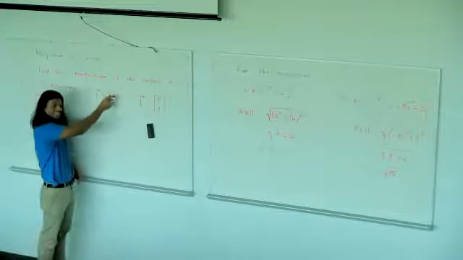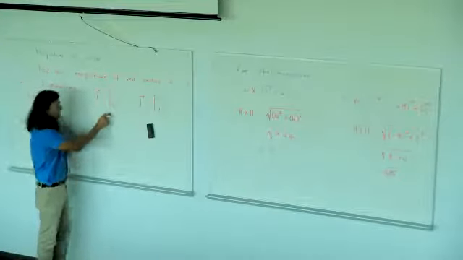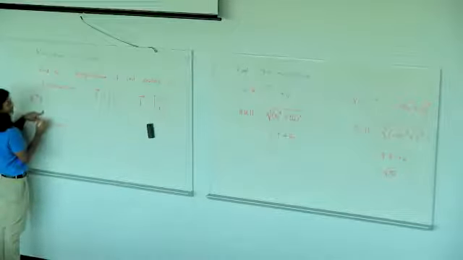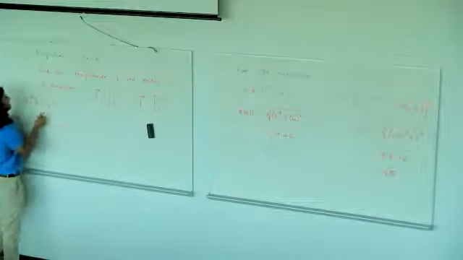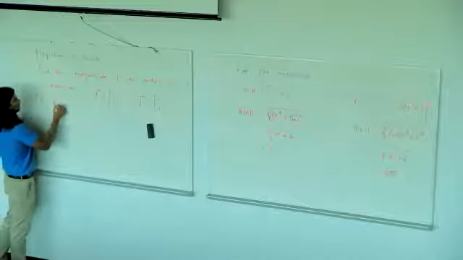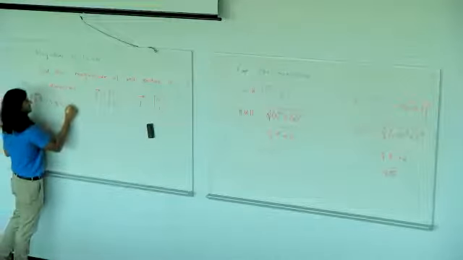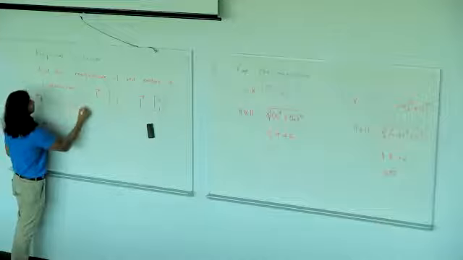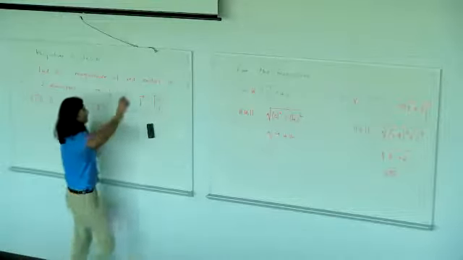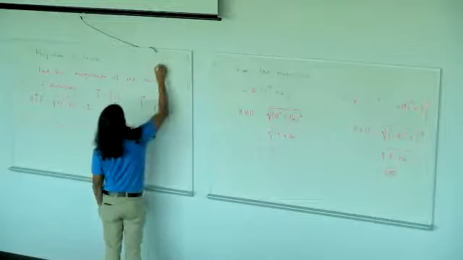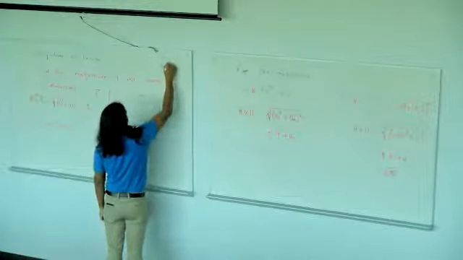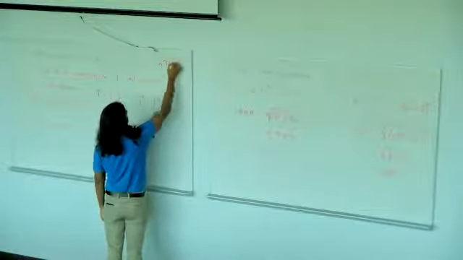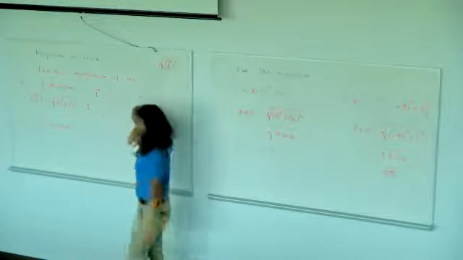So A is 1 and B is 0. So the magnitude is square root of 1 squared plus 0 squared, which is square root of 1, you get 1. Good. Most common mistake when you find the magnitude, you are more likely to do that.